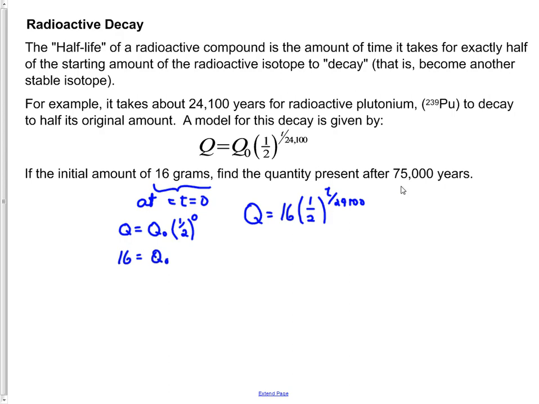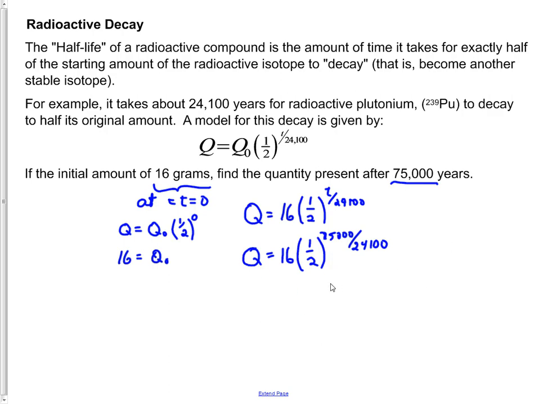So the next question says, how much will be present after 75,000 years? What we're going to do is figure out that amount by substitution. We're going to take 16 times 1/2 raised to the 75,000 divided by 24,100. Now let's see how much that would be.